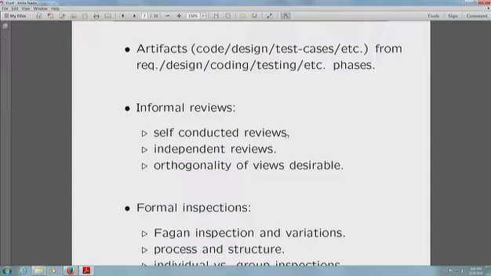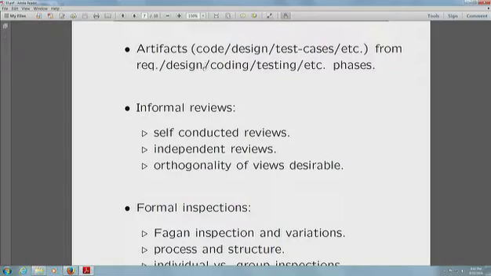You can print out some of the design document or the code, or do it online, and you can even inspect the test cases, or the inspection process itself. Anything that is tangible, you can inspect.